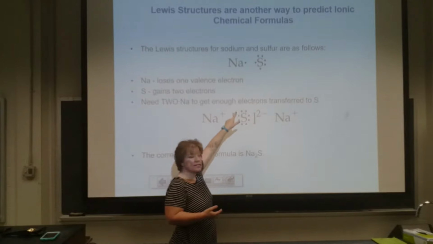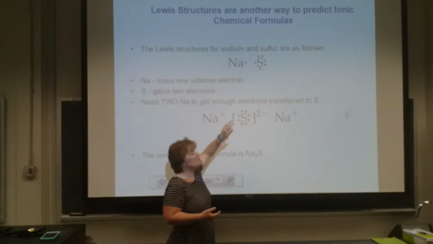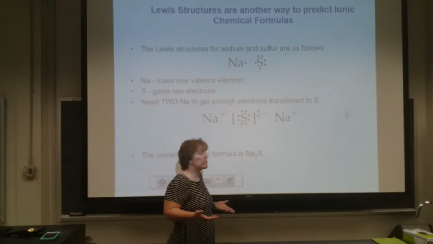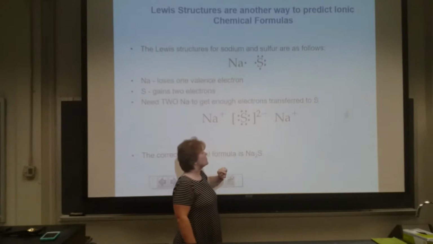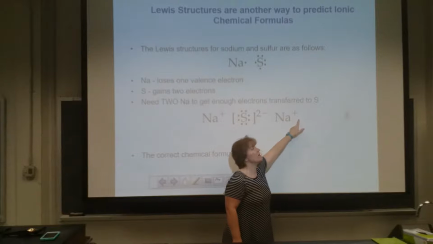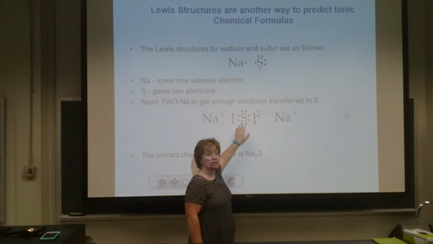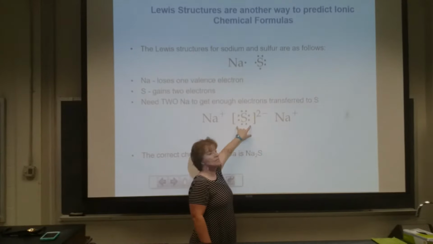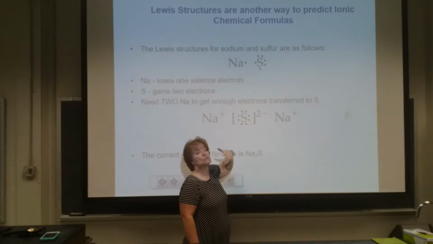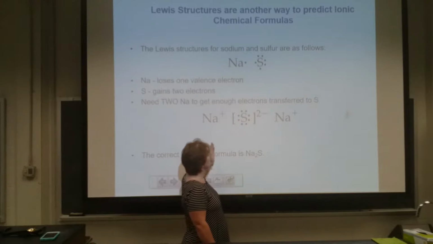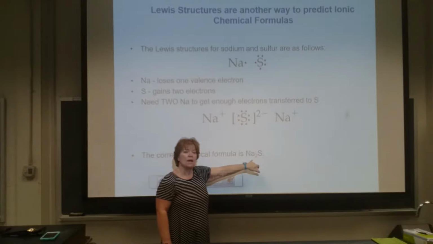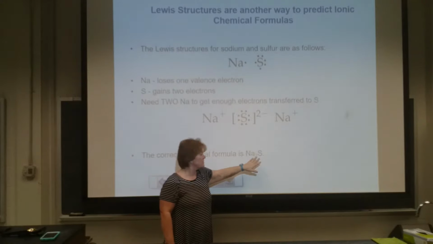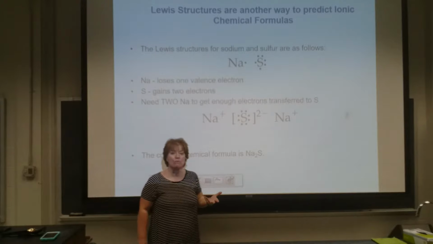Sulfur's group 16, it has 6 electrons. It needs 2 more. The sodium can only provide 1, so what that means is I'll need 2 sodiums. This sodium provides 1, has a positive charge. This sodium provides another 1 and has a positive charge. This sulfur ended up gaining 2 electrons, it has a negative 2 charge. So this could help me recognize that the chemical formula for sodium and sulfur is Na2S. This would be the sodium sulfide chemical formula.